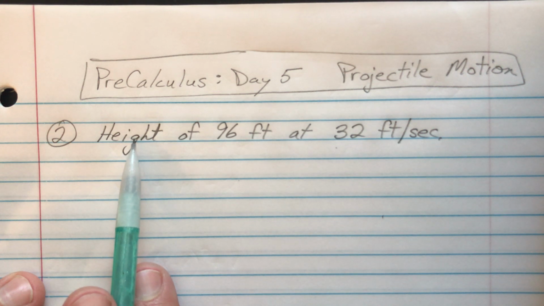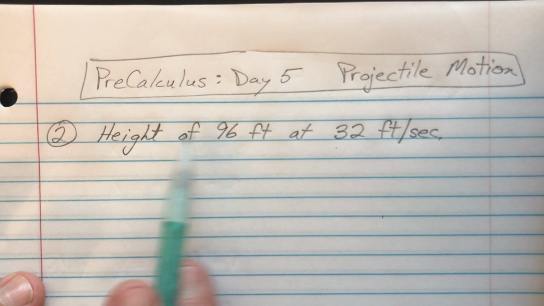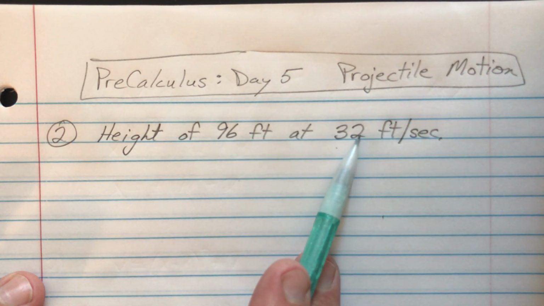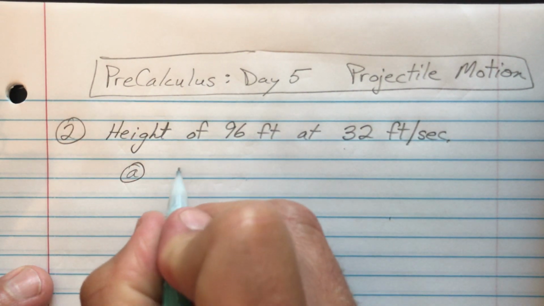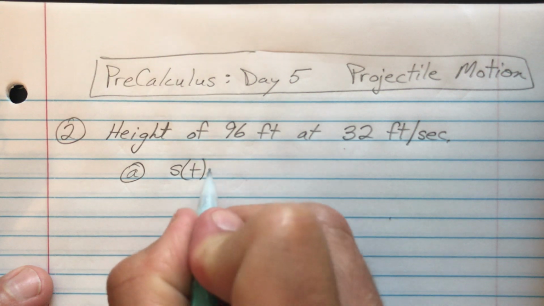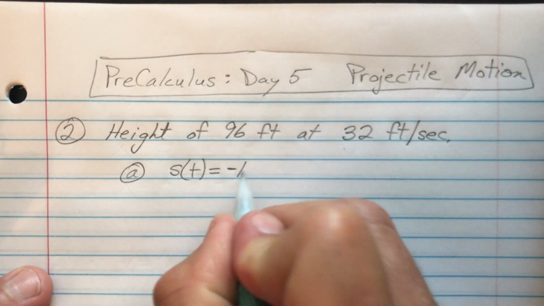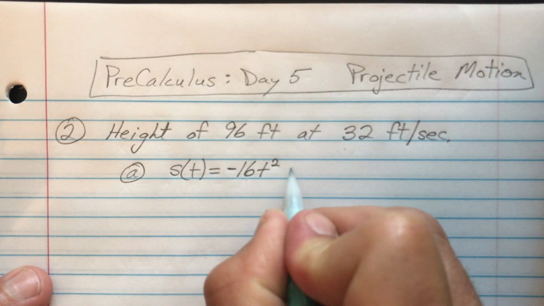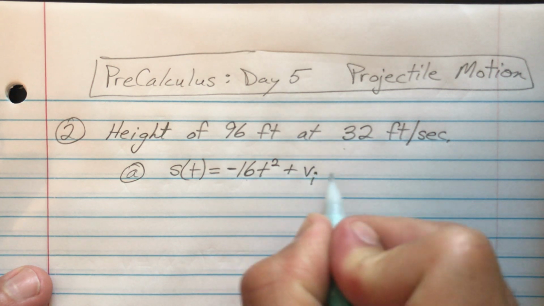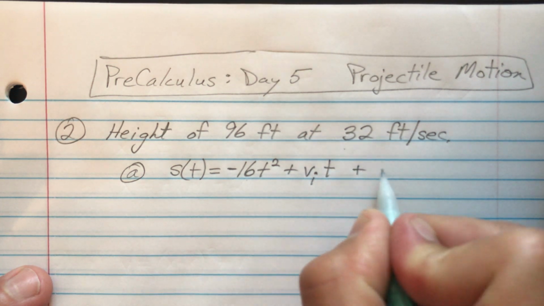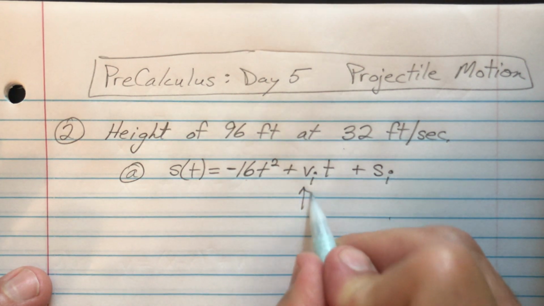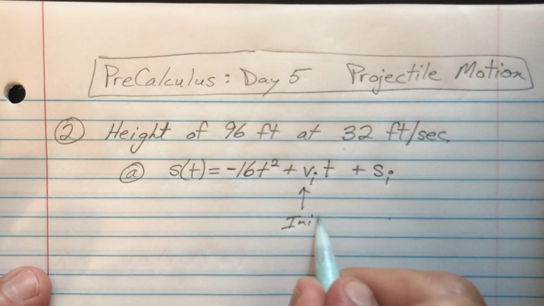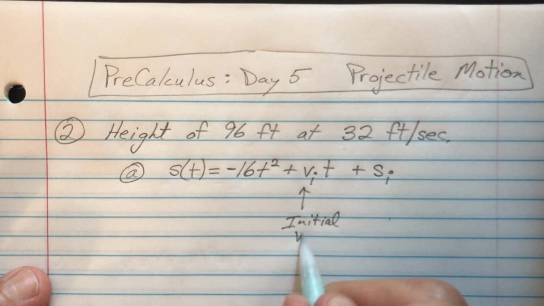A ball or a rock has been launched from a height of 96 feet at 32 feet per second. So to do part A, the equation that you always use is S of t equals negative 16t squared plus v sub I times t plus s sub I. So v sub I is the initial velocity.